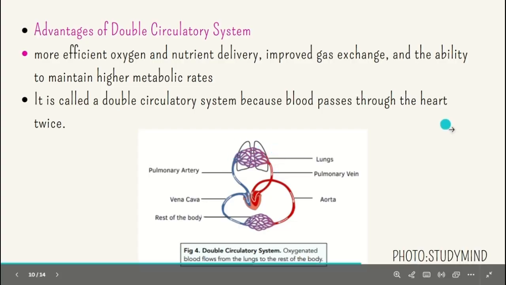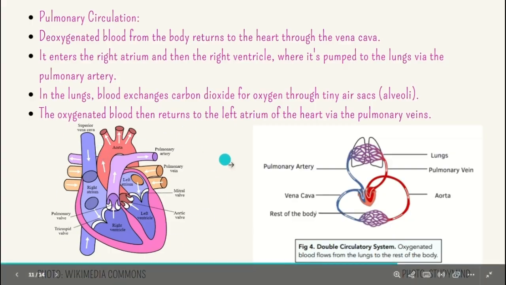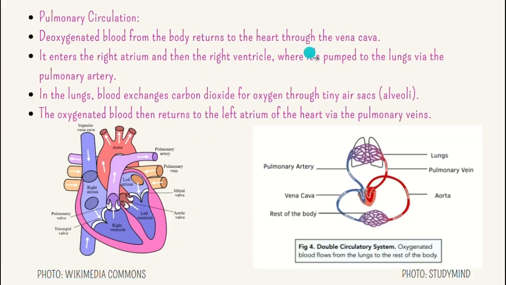As relates to circulation, we're going to focus on this diagram right here. The deoxygenated blood is going to return to the heart through the vena cava. So right here, this is the vena cava. So deoxygenated blood is coming in.